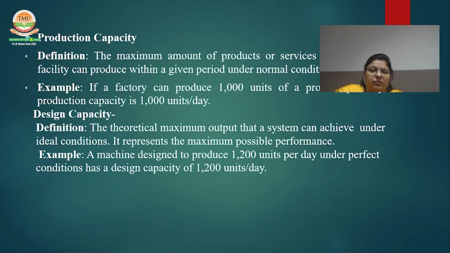Suppose they have decided that they will produce 10 cars in 1 month, 10 finished within a single month. So the capacity of that company is either more than 10 or a minimum of 10, not less than 10. That is called production capacity.